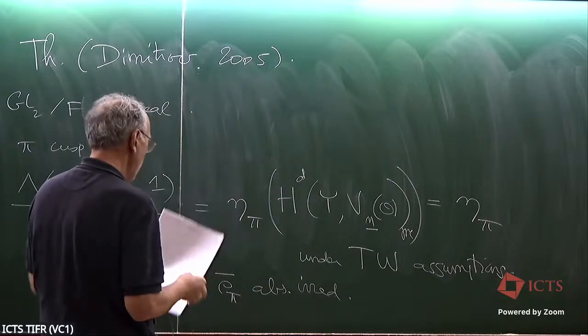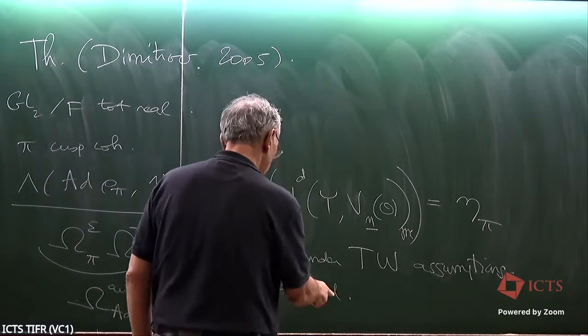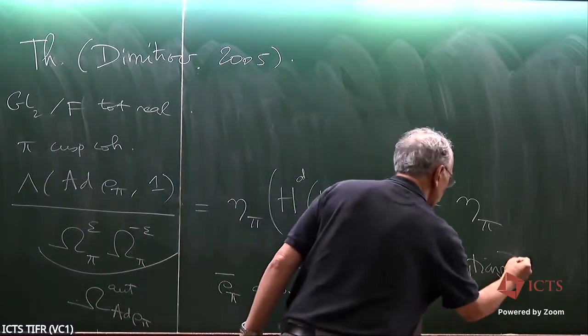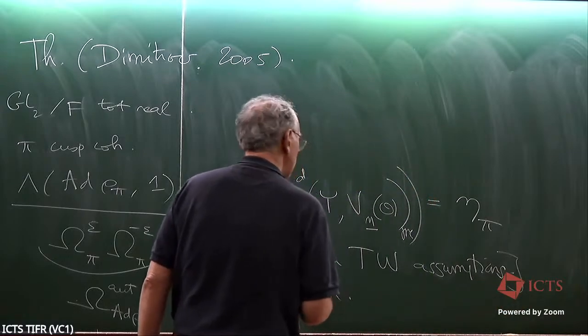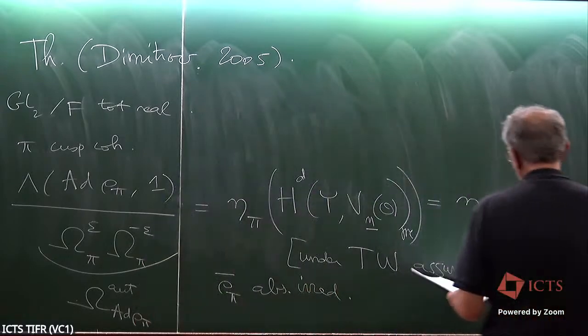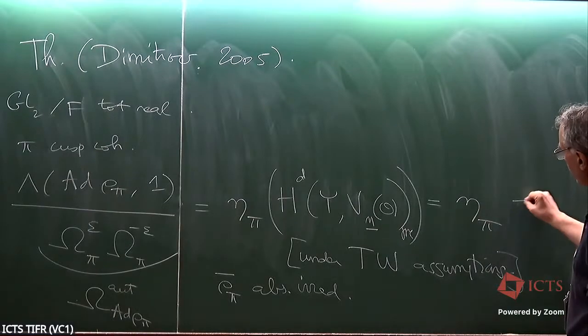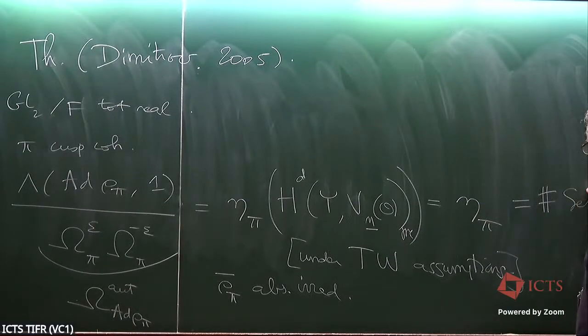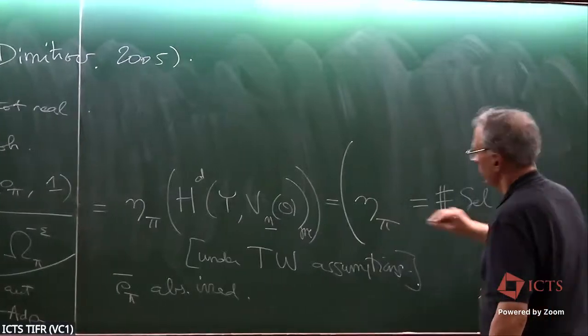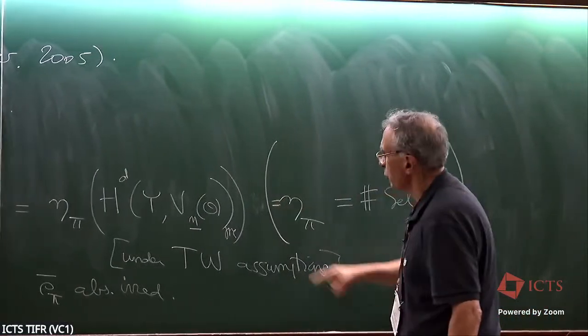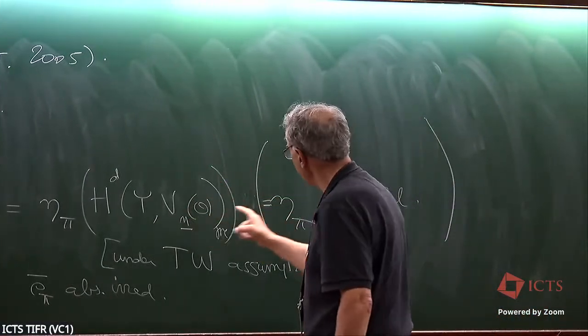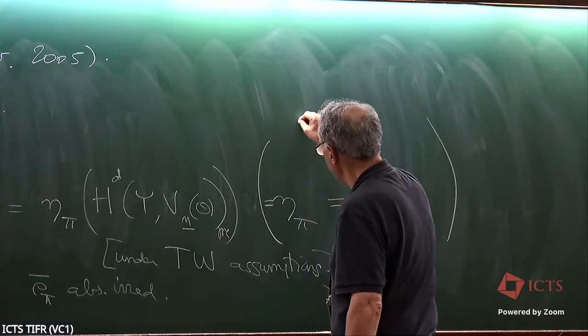Under this assumption, you even don't need that. You will need that in order to say that this is equal to the cardinality of Selmer. Okay, I'm sorry.